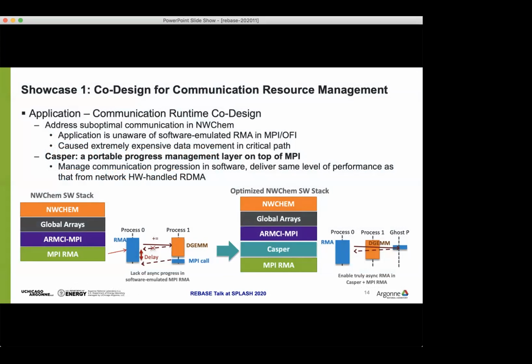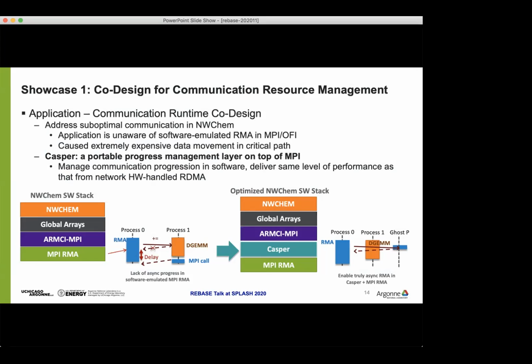My first showcase would be to address the software-emulated communication in the NWChem application. What we did is design a communication runtime to support the progress and communication resource management for the application. That actually requires co-design of the application and the communication systems.